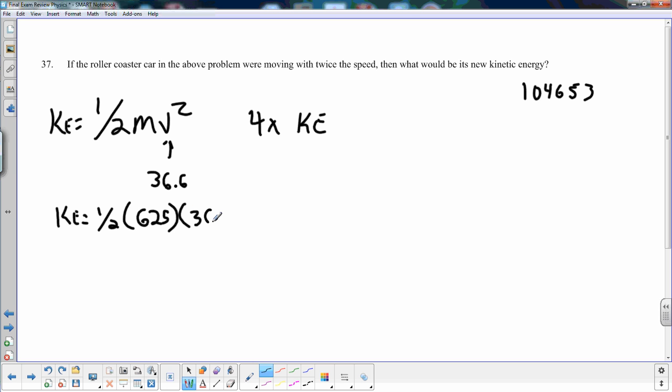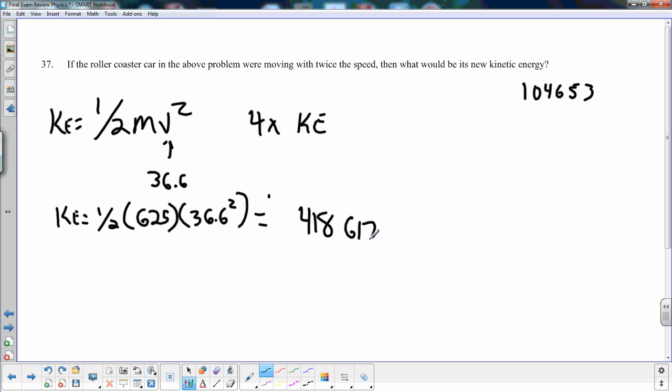Missy the water skier has 12,000 joules just before hitting the bucket. Missy's mass is 40 kgs. What's her speed? So we know KE equals 1/2 mv squared. 12,000 joules equals 1/2 m, which is 40, v squared.